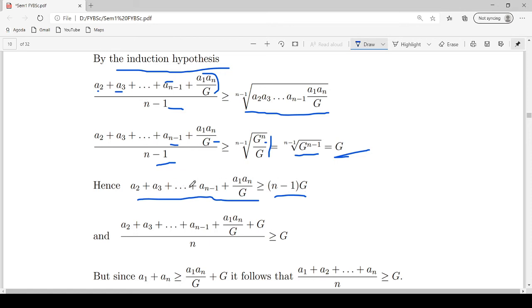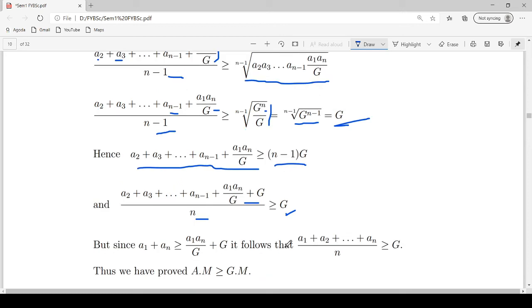So if you add plus g on both sides of the inequality, you will have a2 plus a3 plus up to an minus 1 plus a1 an upon g plus g is greater than or equal to n into g. And then further, if you multiply by 1 upon n on both sides of the inequality, you will have (a2 plus a3 plus up to an minus 1 plus a1 an upon g plus g) divided by n is greater than or equal to g.